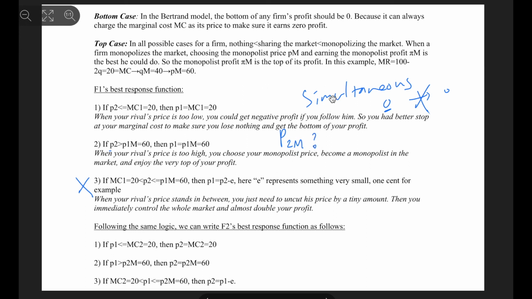We have the same cost construction for firm 1 and firm 2. So if firm 2 monopolizes the market, the price will be same as 60, right? So there is no way P2 is going to be greater than 60, right? So the only choice is charging the lowest price of $20 for each firm, right? Because we can lose. So the safest option is to get nothing but not losing.